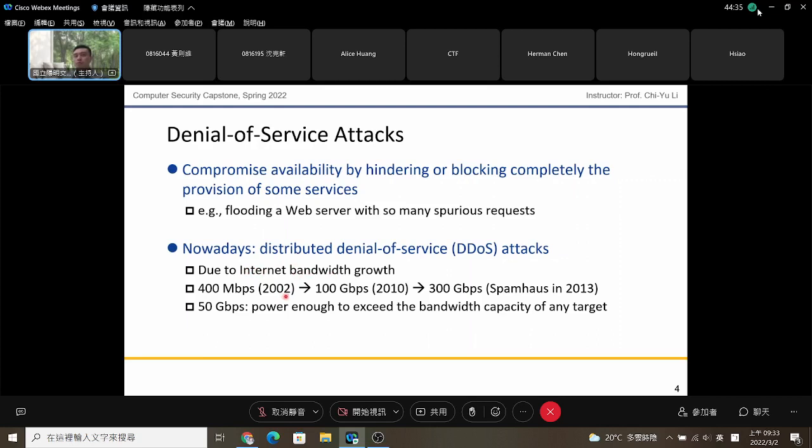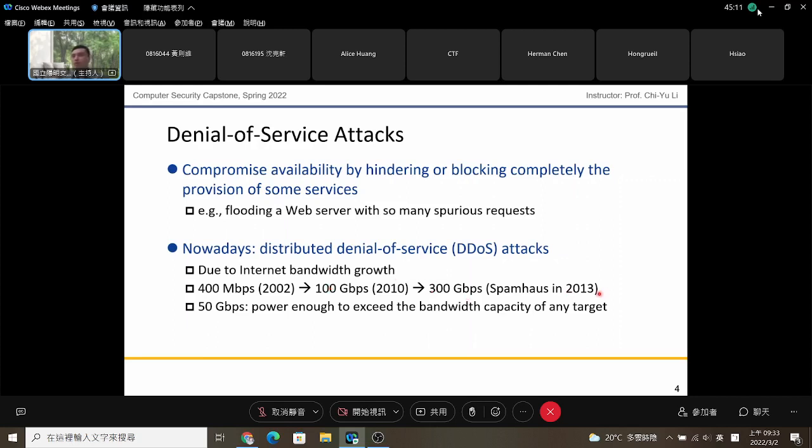So in 2002, if you wanted to overwhelm one web server, you needed to generate more than 400 megabits per second of traffic so that you could attack that server successfully. But in 2010, you need to generate more than 100 gigabits per second. This number is for some public web servers, for example, Google, Facebook, or other kinds of services.